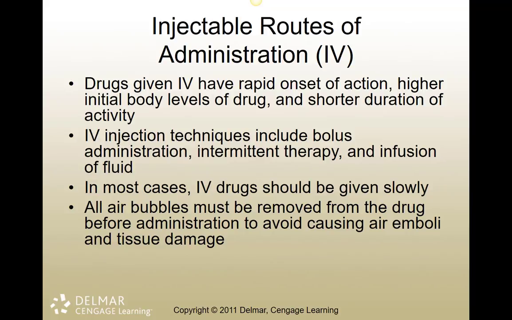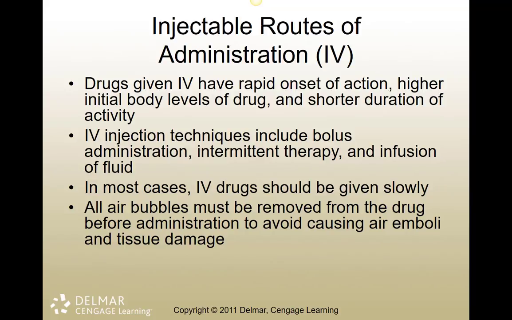Almost all of them should be given slowly. Some we can give rapidly, like anesthesia for induction, especially in horses. We give xylazine and ketamine relatively fast, but most of the rest should be given by a slow push. We also try to minimize air bubbles when we inject to make sure we don't cause an air embolus. If you have a mil of air, that's going to be a problem.